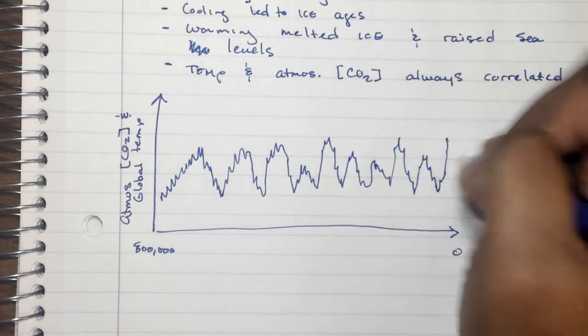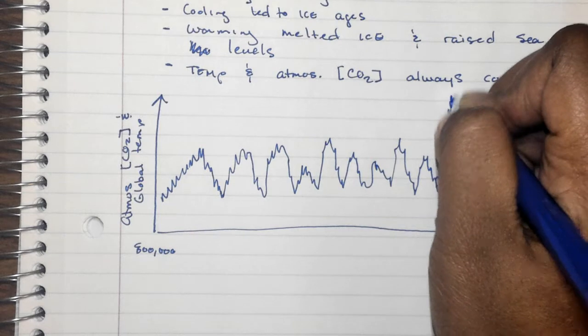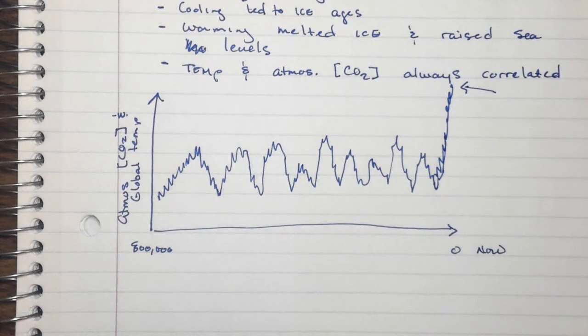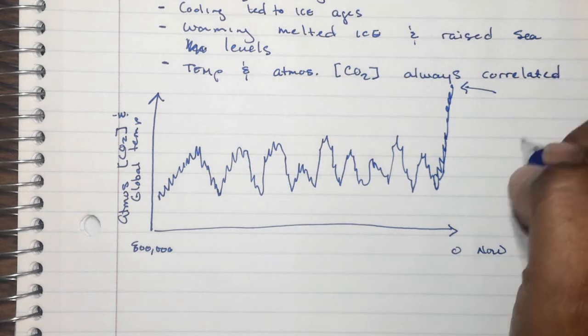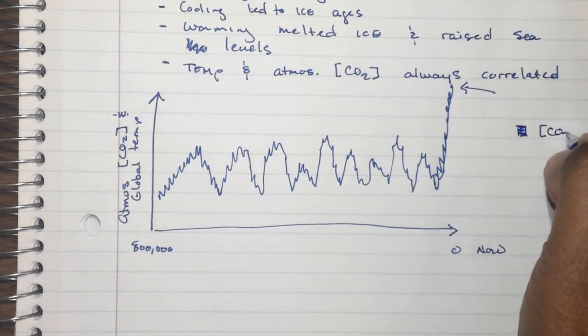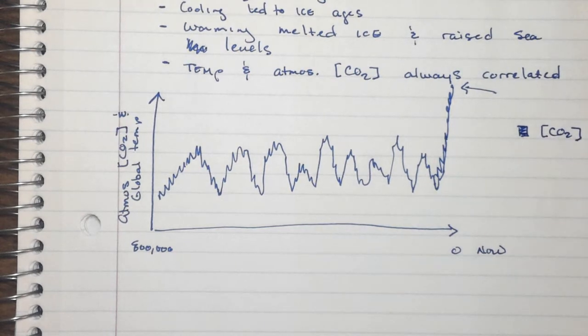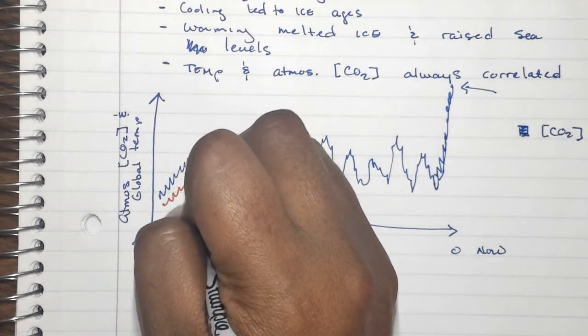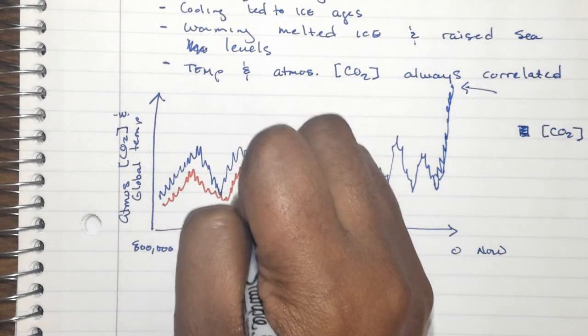And then obviously now it's way up there, right? So that's our CO2 level. And then I'm just going to choose a different color. What are you seeing with temperature here?